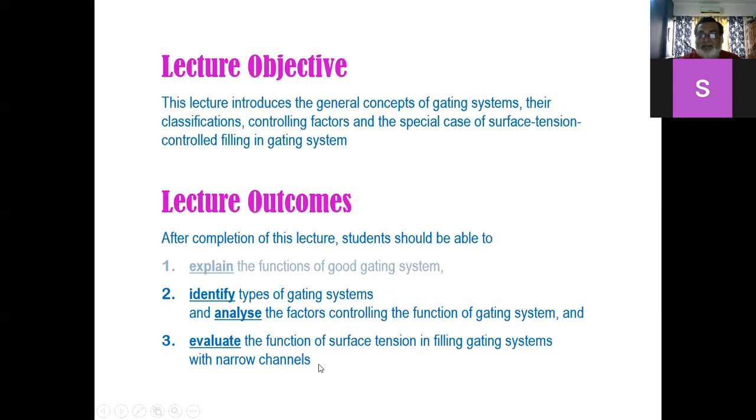If the casting section thickness is very thin, then one important element, surface tension, comes into effect, and it controls the flow of the liquid metal. So how we deal with this narrow section casting during design of a gating system is our last aspect of today's class.